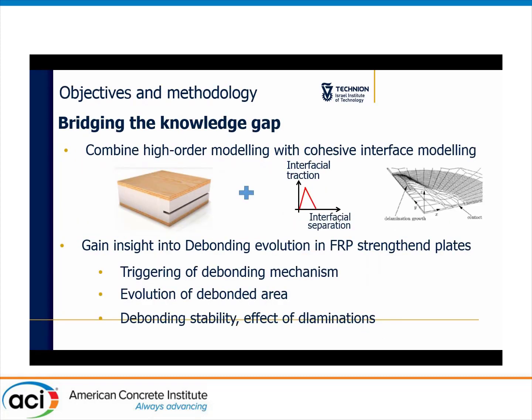The purpose of the present work is to bridge that knowledge gap by combining the high-order modeling with three-dimensional cohesive interface modeling, which will enable to account for the process in FRP strengthened plates and gain insight into the triggering of the debonding mechanism, its evolution, its stability characterization, the effect of the laminations, etc.